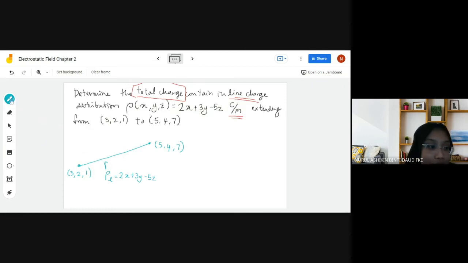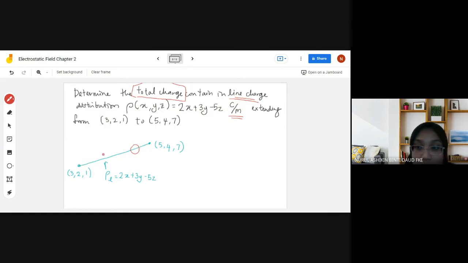And as I mentioned earlier, in order to solve this kind of equation, you can take any point. You need to choose any point. So here, in this line charge, the line is not specifically a straight line.